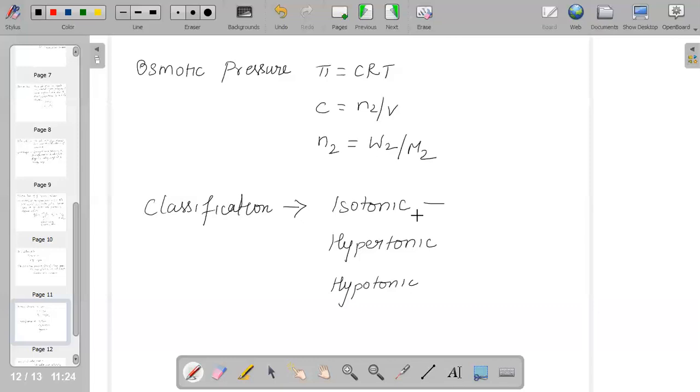When we talk about hypotonic, the medium encompassing the cell will have higher water concentration than the cell. So whether it is hypertonic or hypotonic, you decide based on the comparison of the water concentration between the cell and the medium.